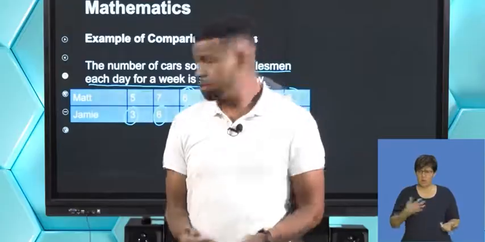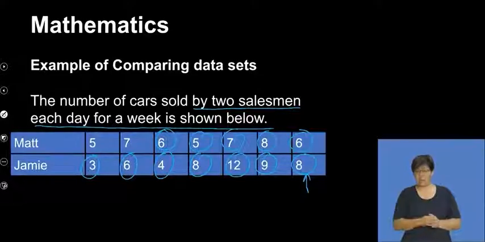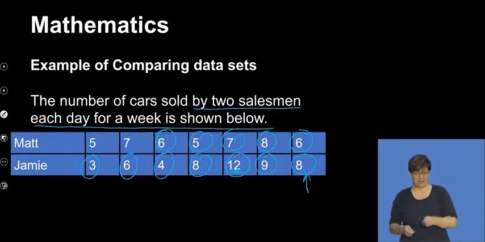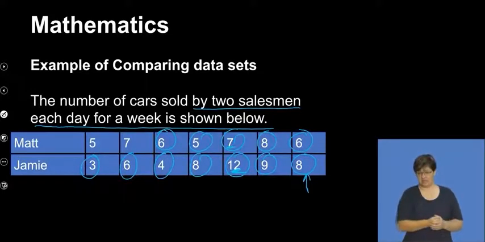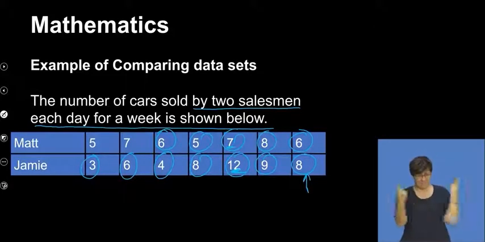What do you want to conclude? And also, if you look in the middle, Jamie was better on day 5, he sold 12 cars, where Matt sold 7 cars. A deviation of 5. Actually, this is the highest deviation we can see, which is 5 on that day.